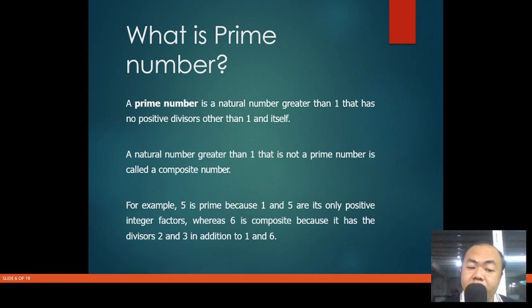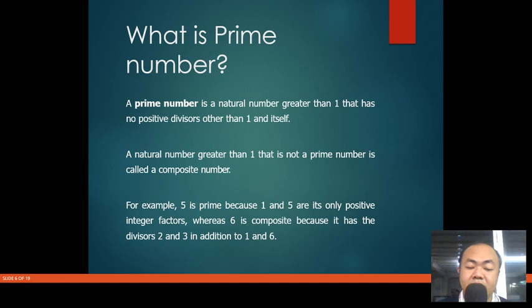For example, 5 is prime because the factors are 1 and 5. Whereas 6 is composite because it has more than 2 factors, which are 2 and 3, and the other pair 1 and 6.